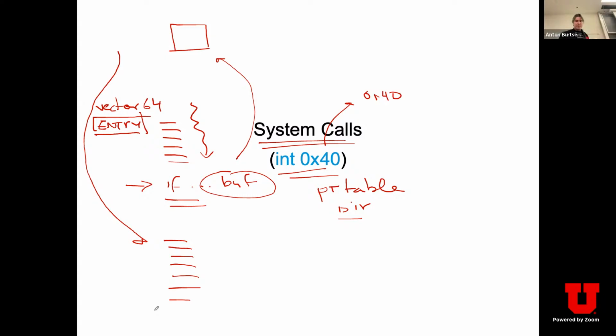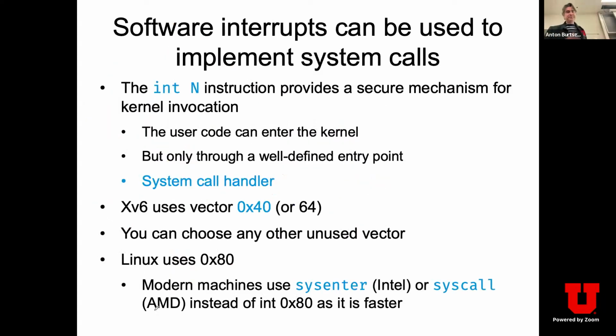Okay, so let's take a look. So again, in the past system, the interrupts were almost the only mechanism to trigger this change, right? Because the magic of this int instruction is that you can configure the interrupt descriptor table entry in such a manner that it switches your privilege level. Remember how?